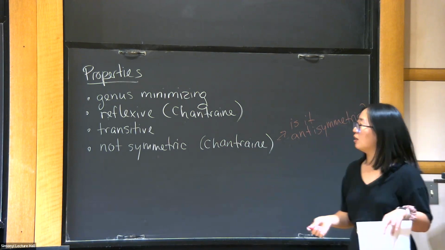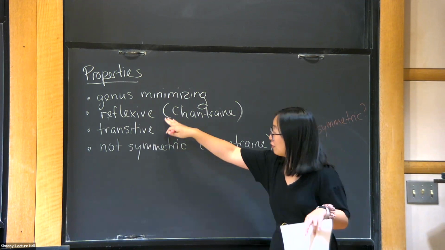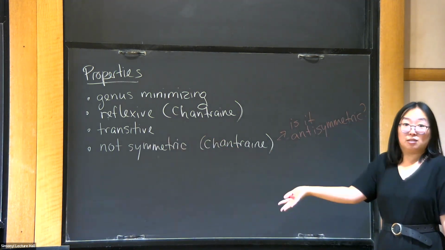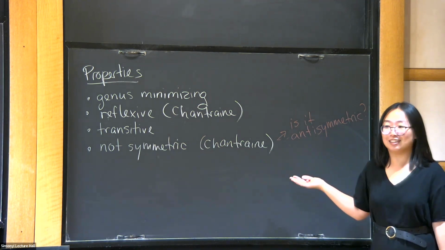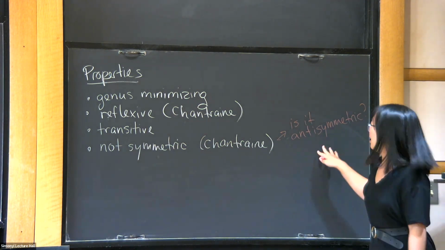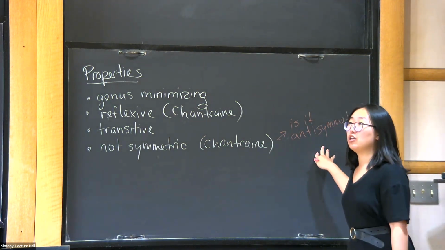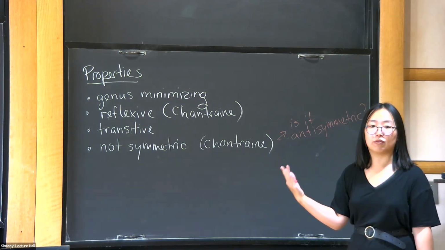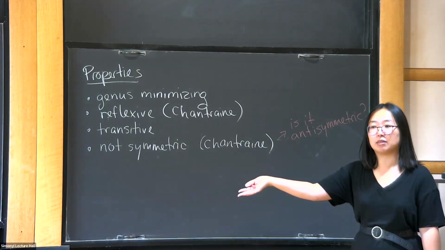So if it's reflexive and transitive and not symmetric, the natural question is, is it anti-symmetric? The answer is no idea. In fact, it is not known even if I have a double concordance to and from the unknot, does that thing have to be the unknot?